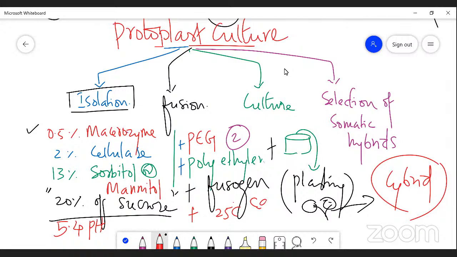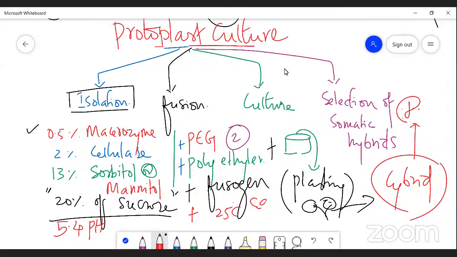Now the hybrid is followed by nuclear fusion. Hybrid is nothing but a fusion of only cytoplasm, not nuclear fusion. A hybrid followed by fusion of the nucleus is called a somatic hybrid. The process of producing a somatic hybrid from somatic cells is called somatic hybridization.